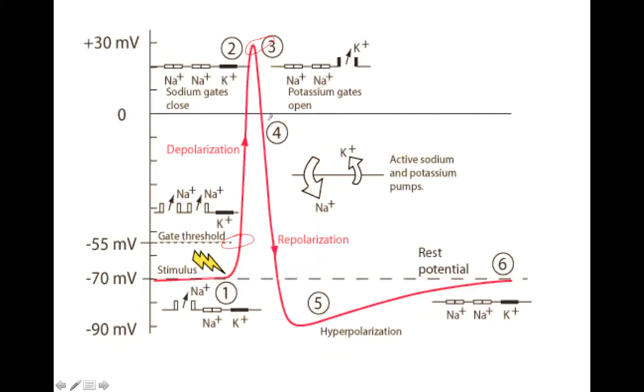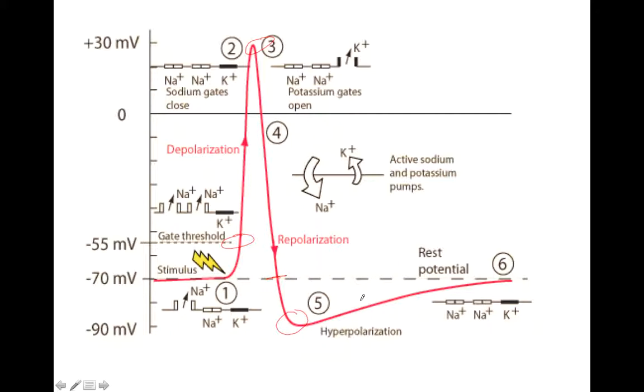The repolarization takes place because we do active transport. We pump the sodium in, and we pump the potassium out. Okay, repolarization ends up going past our resting potential to -90, and that's called hyperpolarization. Hyperpolarization is necessary because it means that this membrane can't repolarize.